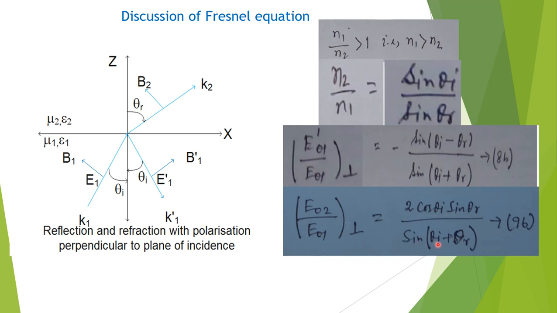Similarly, the ratio E0t/E0i equals 2 cos θi sin θt / sin(θi + θt), which is always positive, hence there is no possibility of a change of phase in such cases.